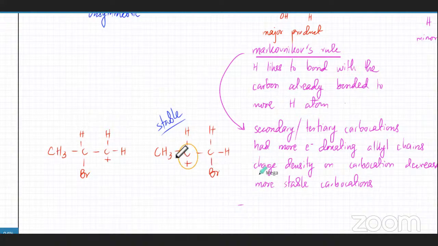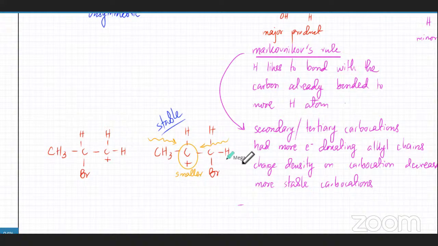It's got a carbon chain over here, it's got a carbon chain over here, so it's surrounded by a lot of electrons. Carbon has 6 electrons, so there's a big group on that side, and a big group on this side with lots of electrons, like CH3 has 9 electrons. Over here, you've got CH2Br, so there's lots of electrons around it. So the charge is going to be smaller.